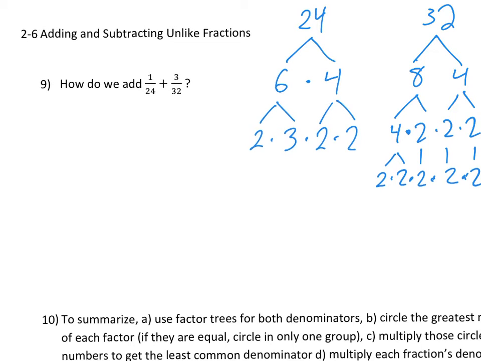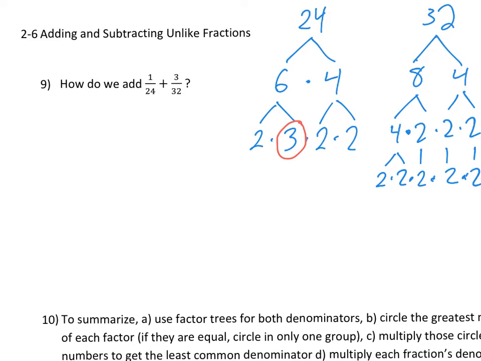So if I look at the 3's, I see there's actually one 3 on this side here, and that has to go into the lowest common denominator. And I also look at the 2's, and interesting, I have 3 2's that are factors of 24, but 32 has 5 2's.